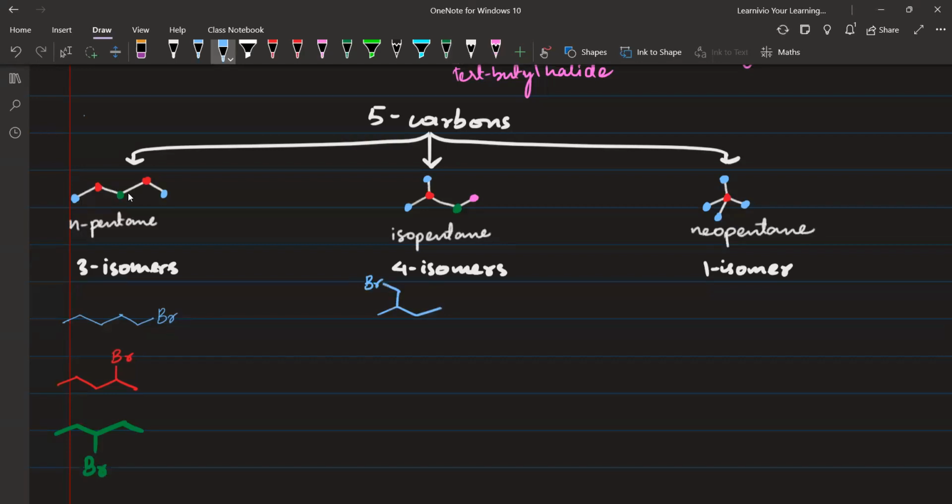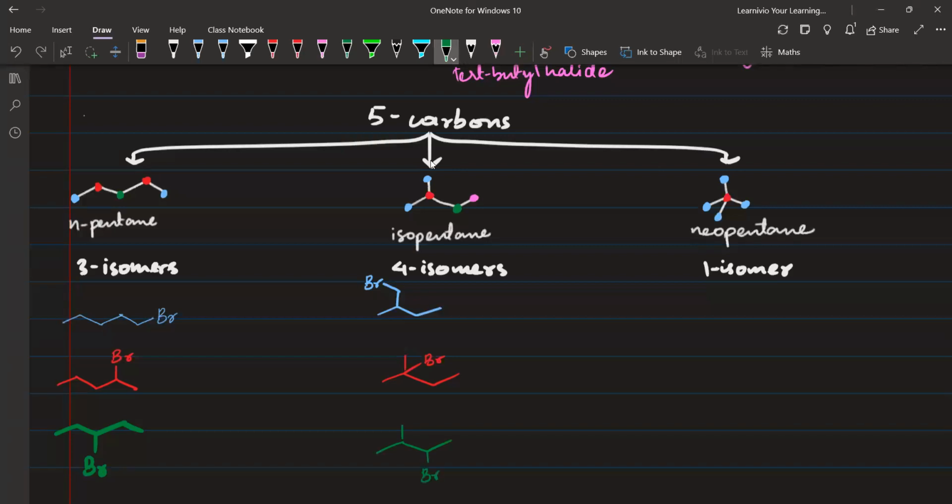Okay. After that, for the red one, first make the chain, then attach the bromine atom. Then for the green one, first make the chain. Just give me a second. And then attach the green one.